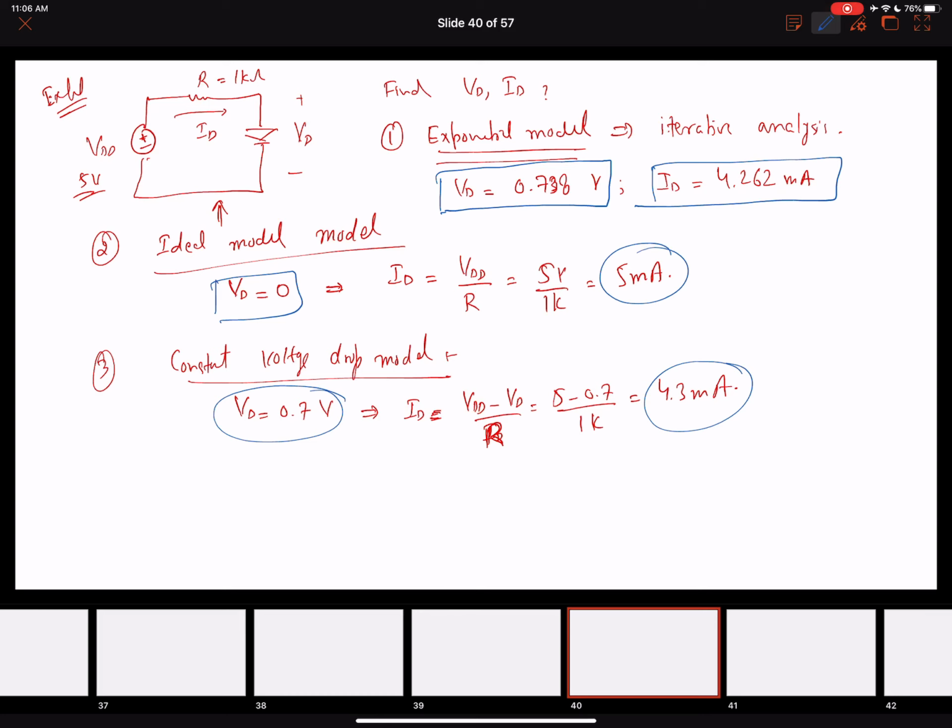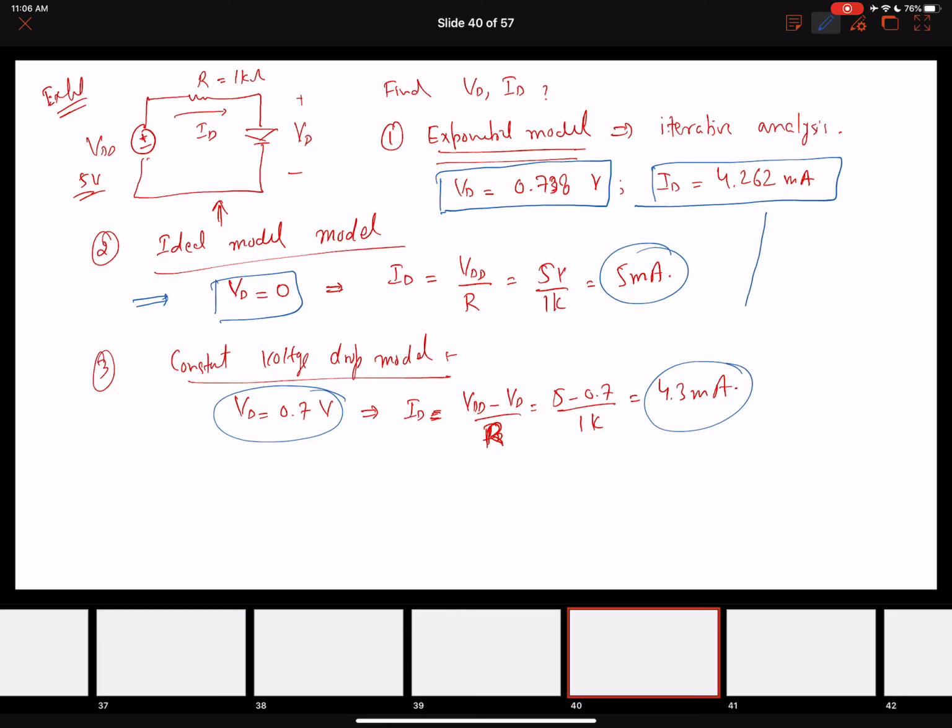If we look at the values, for the ideal diode model, of course it is slightly off, because we are assuming an ideal diode, and we are not talking about the barrier voltage or the real operation of the PN junction. However, when we consider the real operation of the PN junction, we realize that the exponential model and the constant voltage drop model work pretty close to each other.